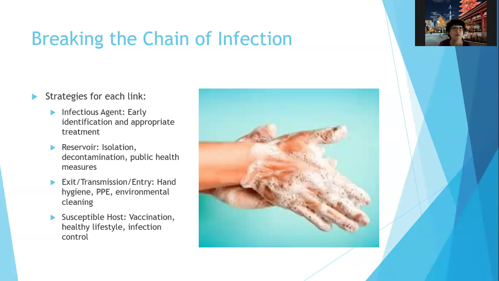Isolate the reservoir. For the portal of exit, transmission, and portal of entry: hand hygiene, PPE, environmental cleaning, hand hygiene. It's important. To keep you from being susceptible: vaccination, a healthy lifestyle, eating, sleeping, and exercising well, and infection control. Those are all things that can break the chain of infection.